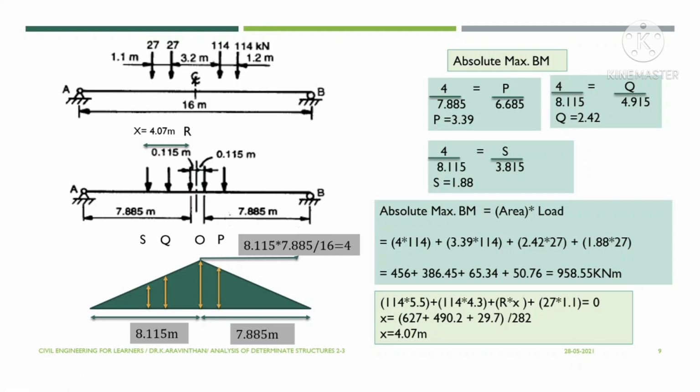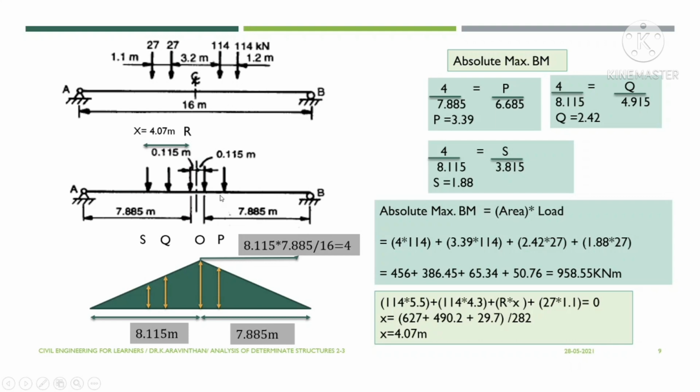Now what we have to do is draw the influence line diagram at the point O. Why? Because the point O has the largest load. So there will be maximum bending moment at the largest load. So 114 is at a distance of 7.885 meter.